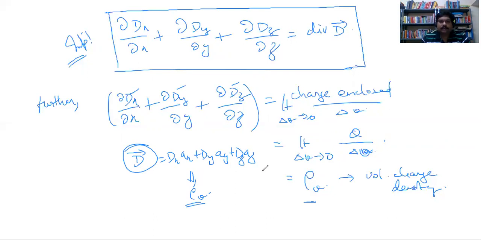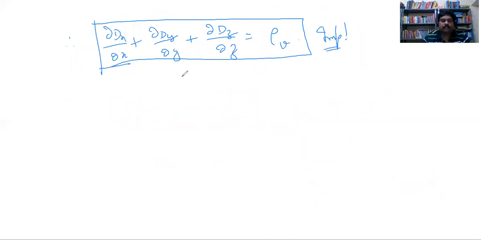Okay, very interesting, right? If you just find out divergence, you will know what rho V is. So hence this is a very, very important term. So this is a very, very important equation.